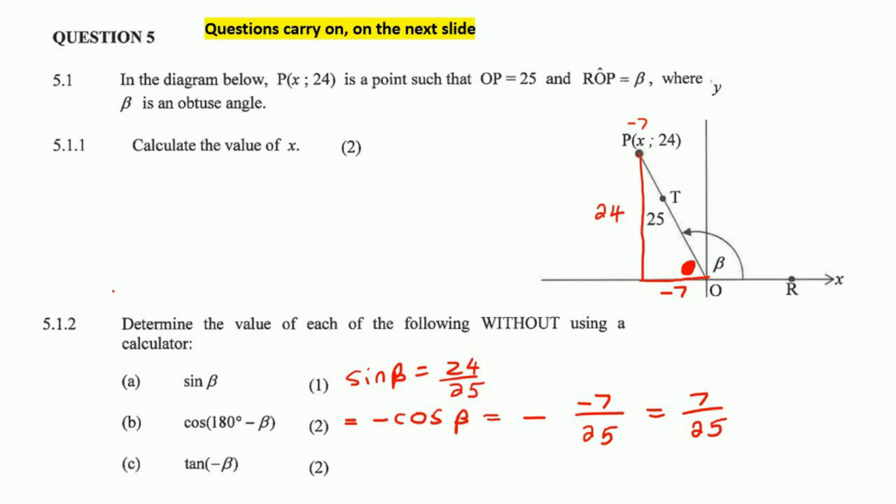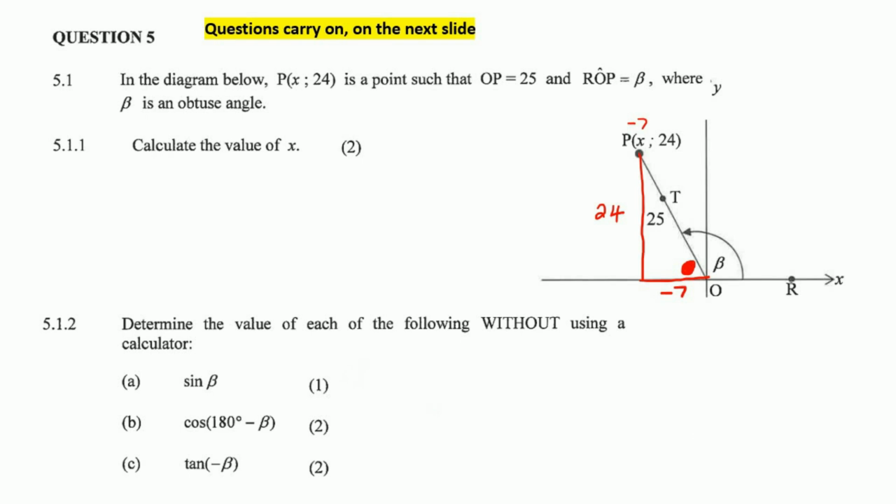All right, and then the last one for this slide, please note there are still more questions that follow on, tan of negative beta. Okay, so on our CAST diagram, we know that we have 180 minus beta, 180 plus beta, and 360 minus beta.